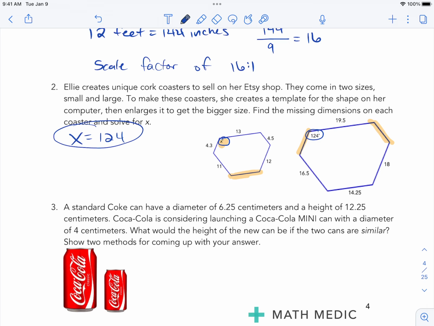Then if we want to find those measurements, the side lengths are not the same, but if they're similar, then they should have a common ratio. So to figure out that common ratio, we need to look at 13 times what gives me 19.5.